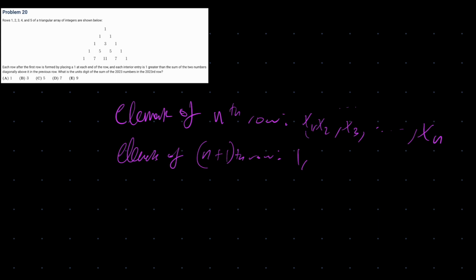Then we're going to start adding, because we always start with 1. Then we're going to have x1 plus x2 plus 1, x2 plus x3 plus 1, all the way through x(n minus 1) plus xn plus 1, and then 1 at the end.